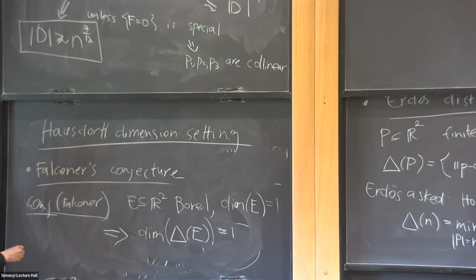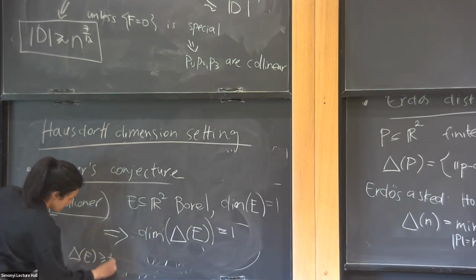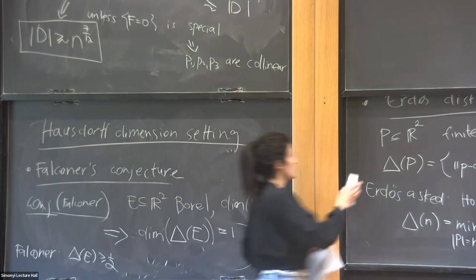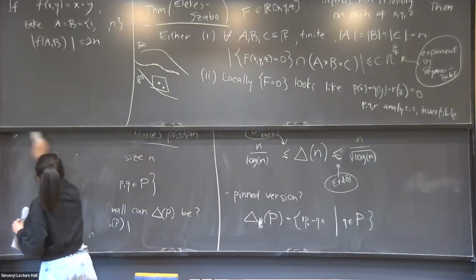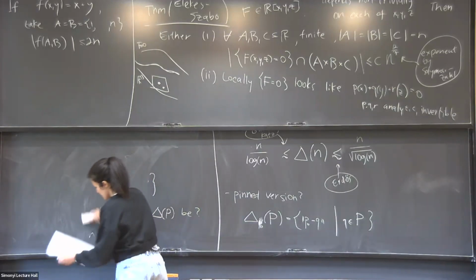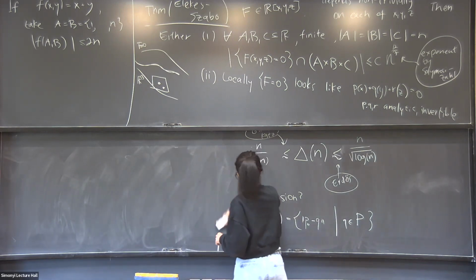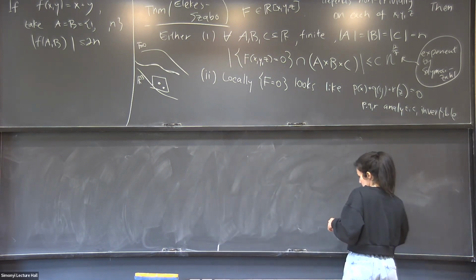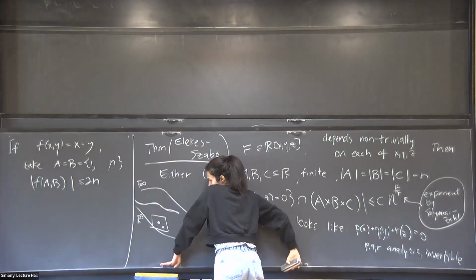And Falconer proved that this dimension will always be at least 1/2. And this 1/2 was improved by Bourgain to be 1/2 plus some constant C. So people worked on this problem.